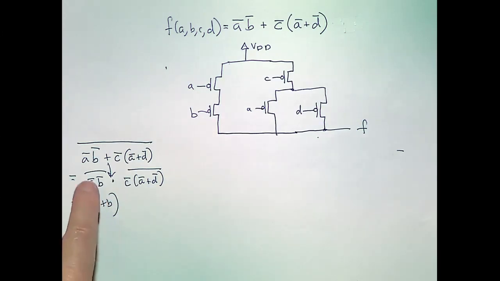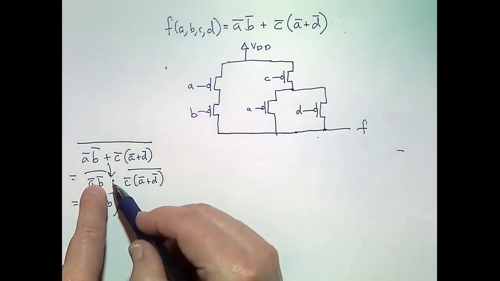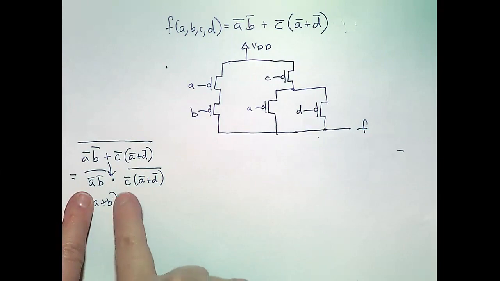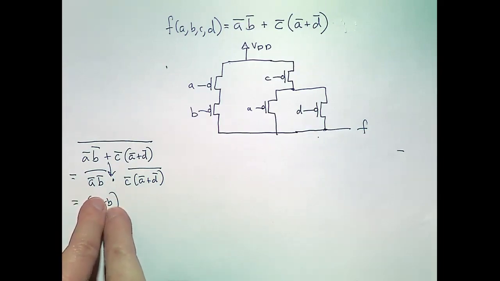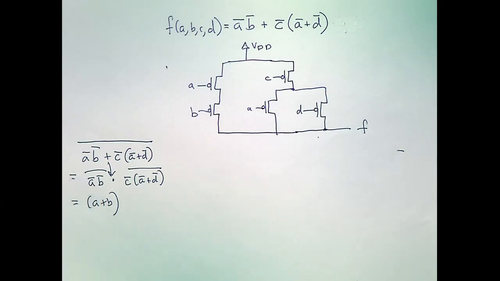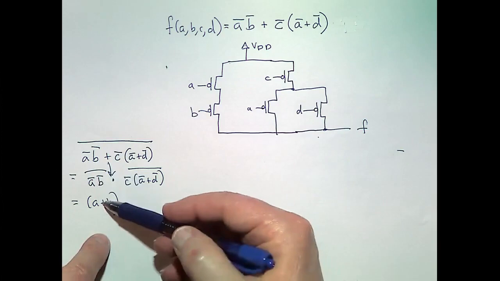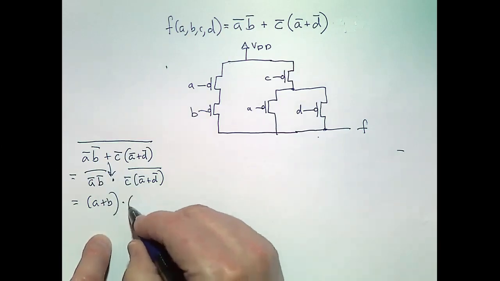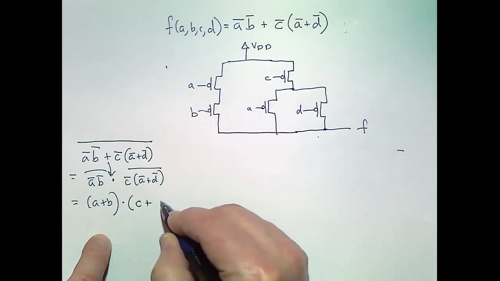Okay, because I want these two to be combined before the AND. Right? Without these parentheses, this becomes A plus B, and B is ANDed with the rest, not the whole thing. Okay, so when you do this, sometimes you need to add those parentheses. Okay, let's see. This is another case where I'm going to need to add those parentheses.